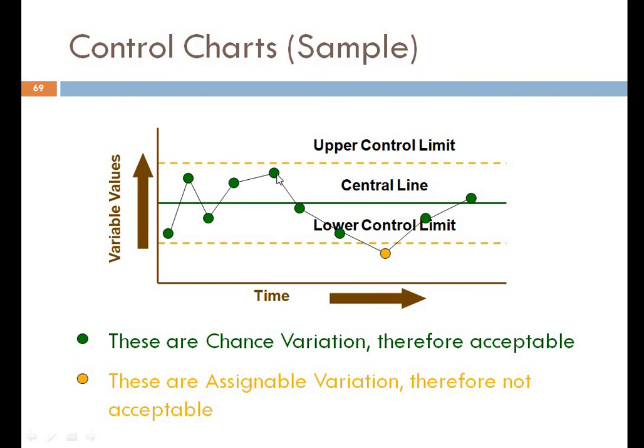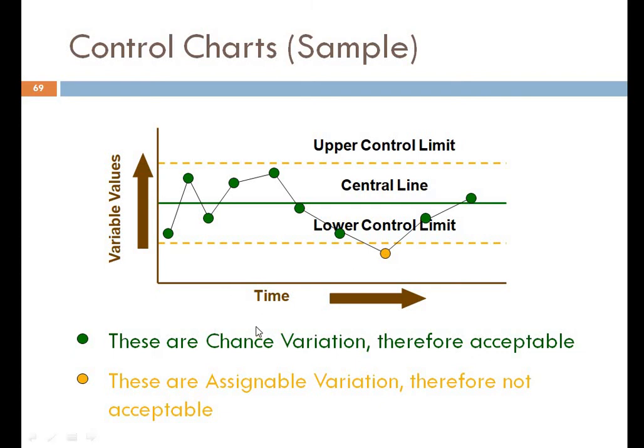Like the 100 grams example we quoted, which we discussed in the previous videos, right? If the upper control limit and lower control limit are 100 grams, then if it is up to 100 grams above or 100 grams below 14 kg, we are going to accept it, right? So these green dots are indicating that the products, the LPG cylinder or any finished product, are within the control limit.